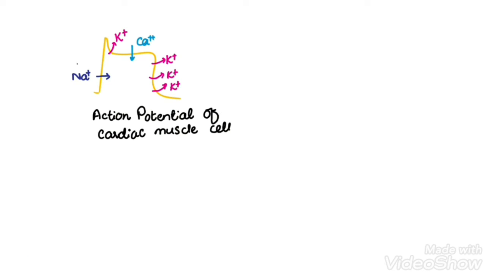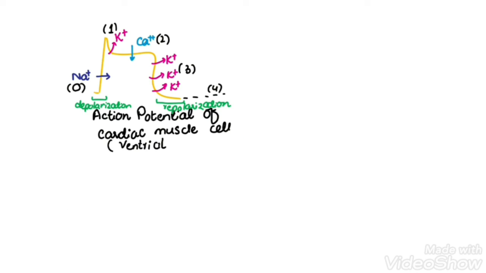The link of calcium ions with the duration of QT interval can be explained if we recall the action potential of ventricular muscle cell. There are 4 phases. In phase 0, the sodium enters into the cell and it causes depolarization, whereas in phase 3, the potassium leaves the cell and causes repolarization.